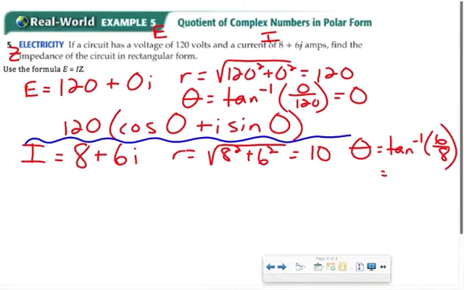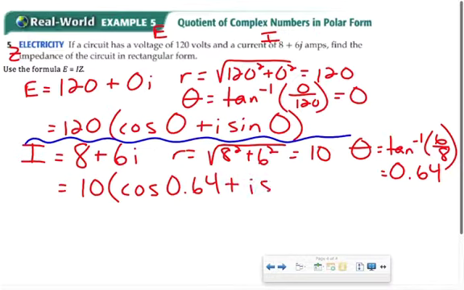So in my calculator, I take 6 divided by 8 and take the inverse tangent of that, and it is 0.64 approximately. So now my I value as a complex polar number is 10 times the cosine of 0.64 plus I times the sine of 0.64.